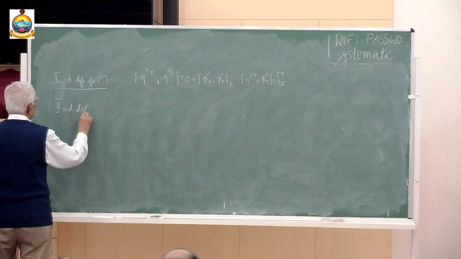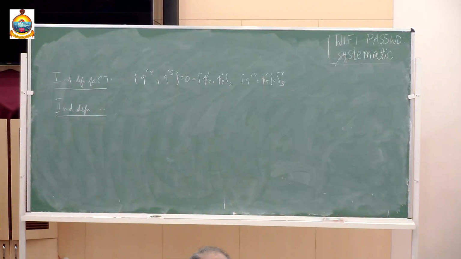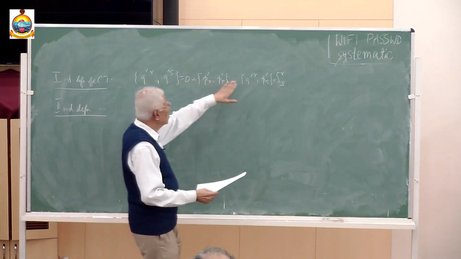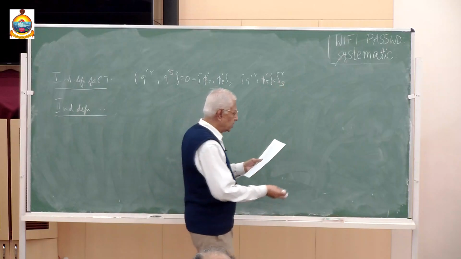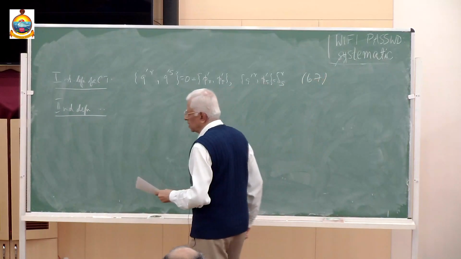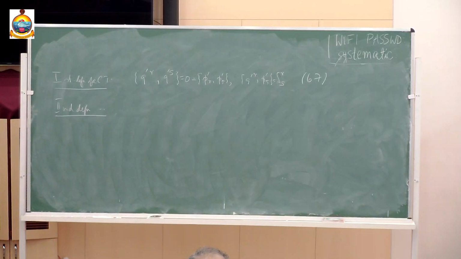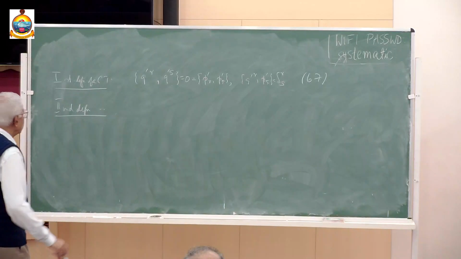The second definition of a canonical transformation. There are some additional things in my notes following this first definition. Incidentally, just for completeness, let me mention in my notes, this is equation 67. Now, I come to definition 2.